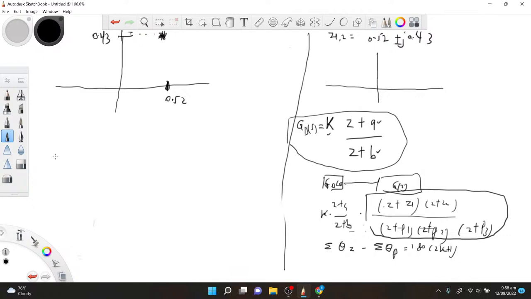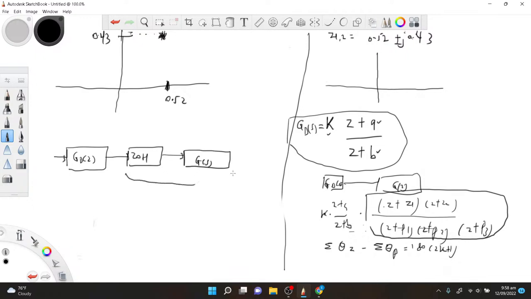Don't forget that I drew the system to have a G_D(Z) as this, then I drew my zero, that whole transfer function here, in cascade with some G(S). To find G(Z), we know it is (1 - Z^-1) multiplying the Z transform of G(S)/S.